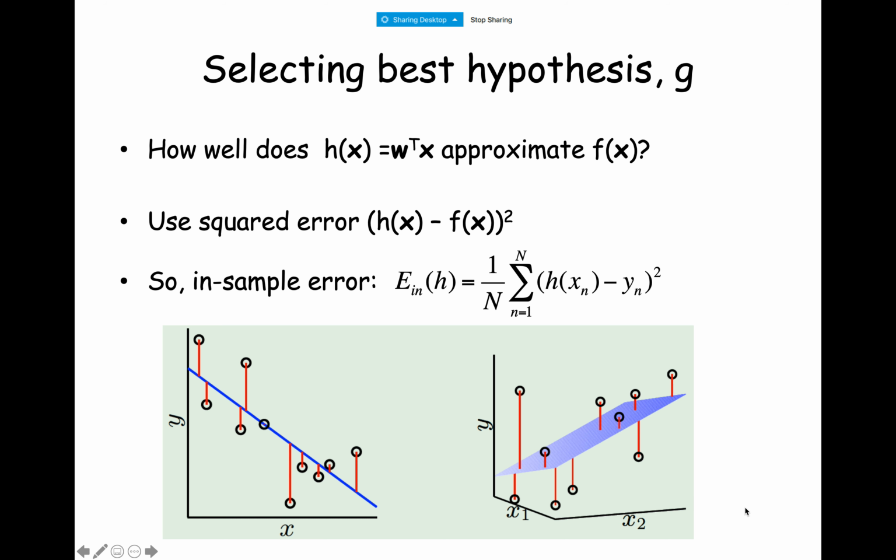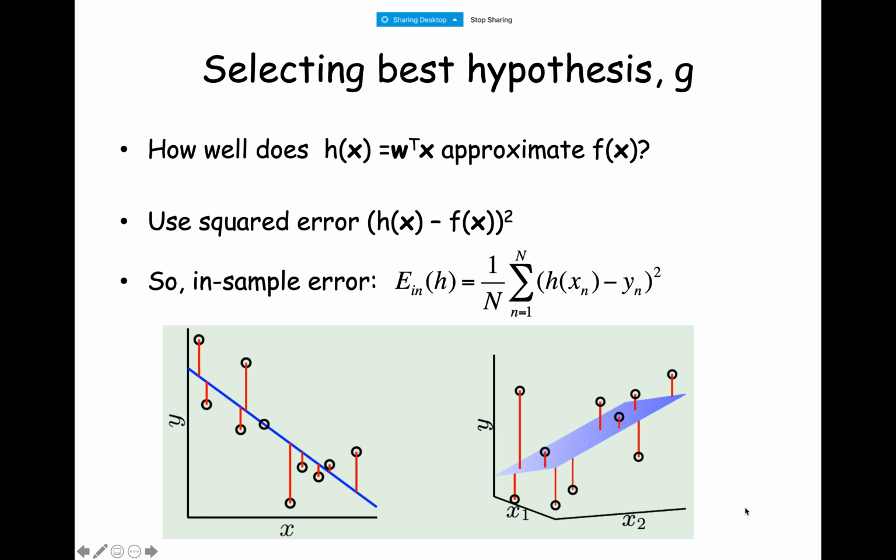x_i. And if we want our error as it pertains to our data set, we need to now incorporate all of these individual so-called point errors across all the examples that comprise our in-sample data. And so across in-sample, we compute the average, right?